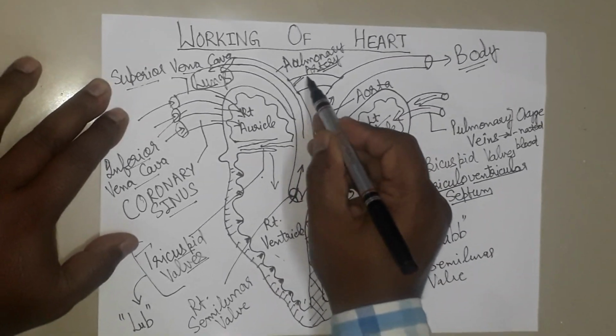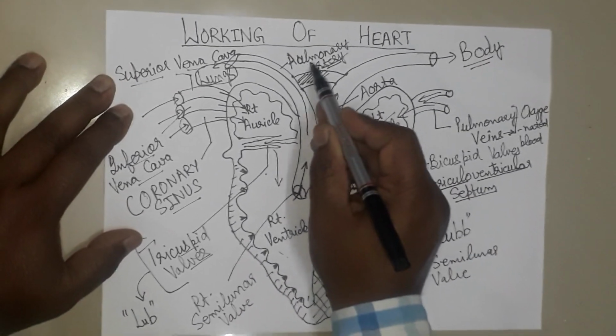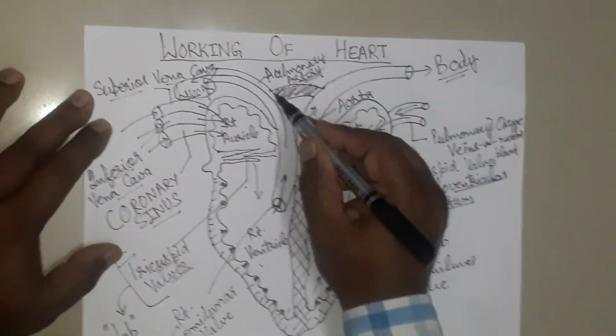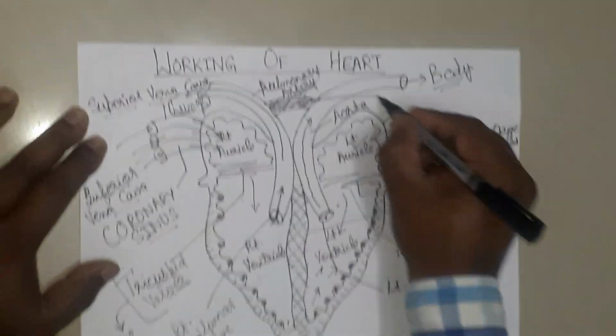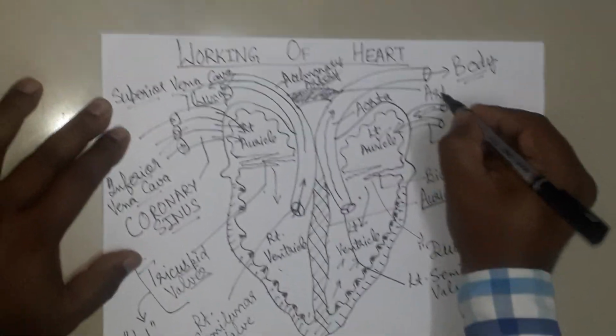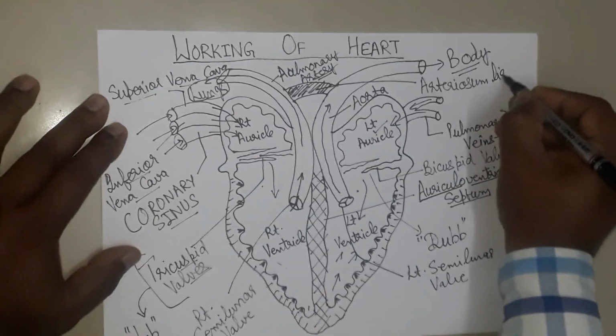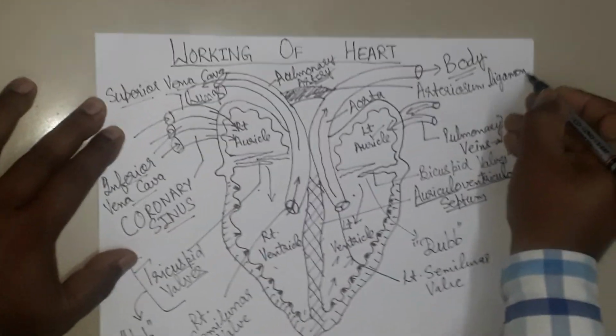This connection between the pulmonary artery and aorta is known as ligamentum arteriosum.